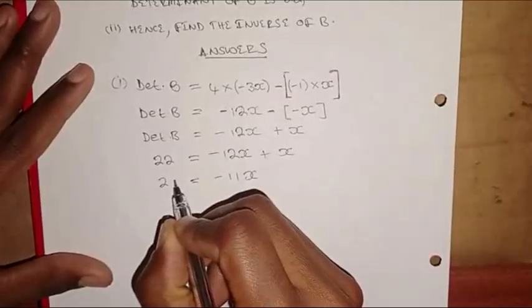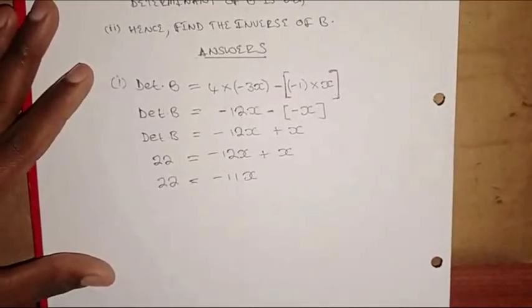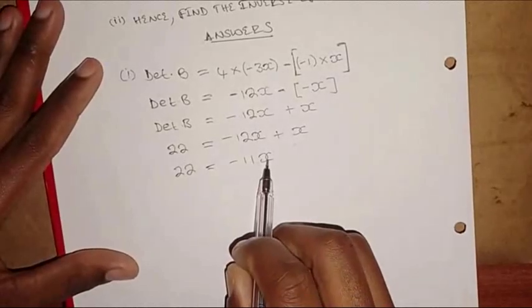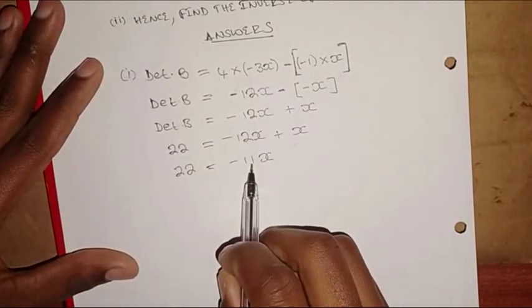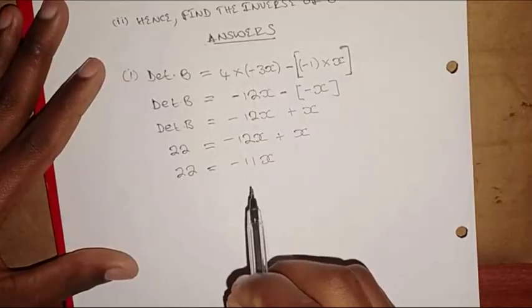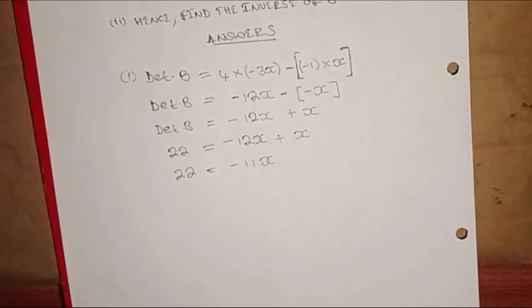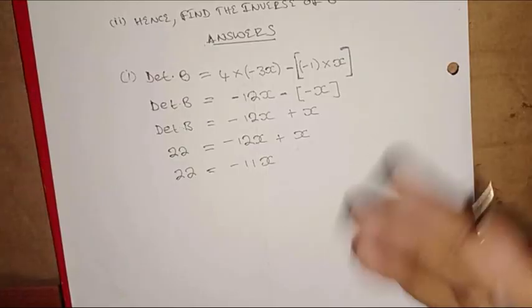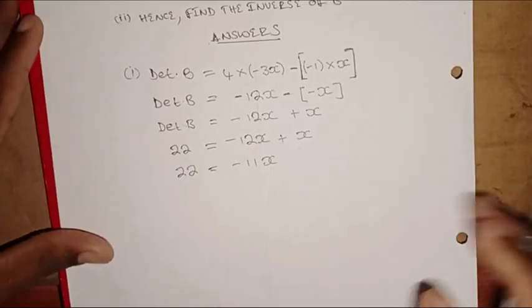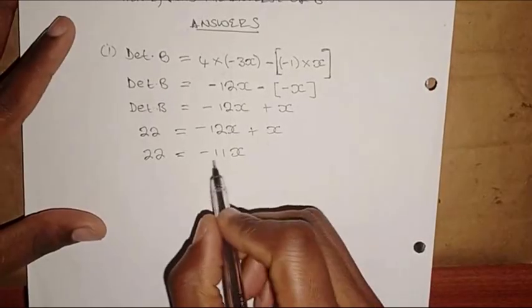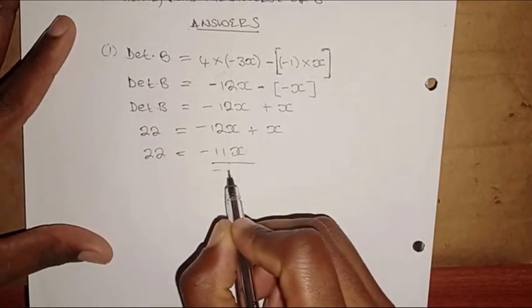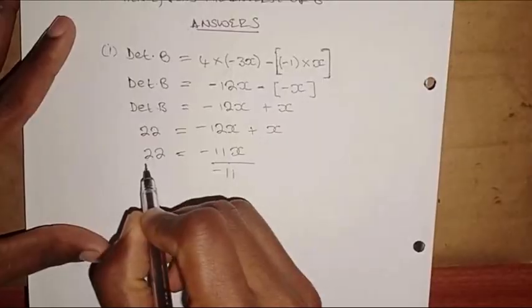Okay, then here we're going to have 22. So now, as you can see, this x and negative 11 are glued by multiplication. So we need to get rid of the negative 11 so that we find the value of x. What's the opposite of multiplication? It's division. So we are going to divide both sides by negative 11, as you see.